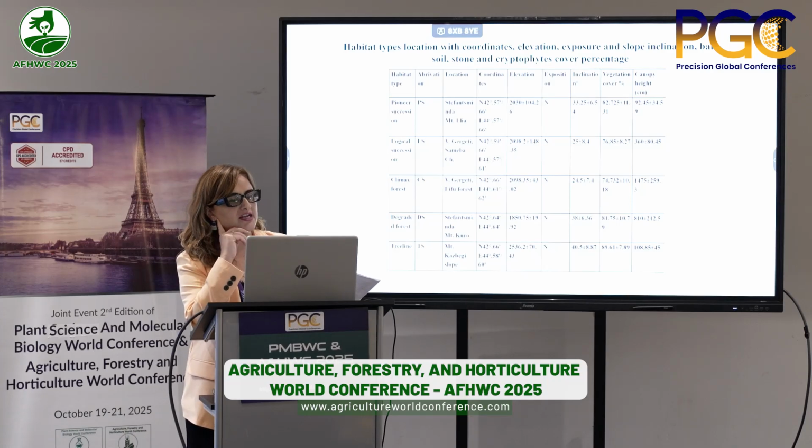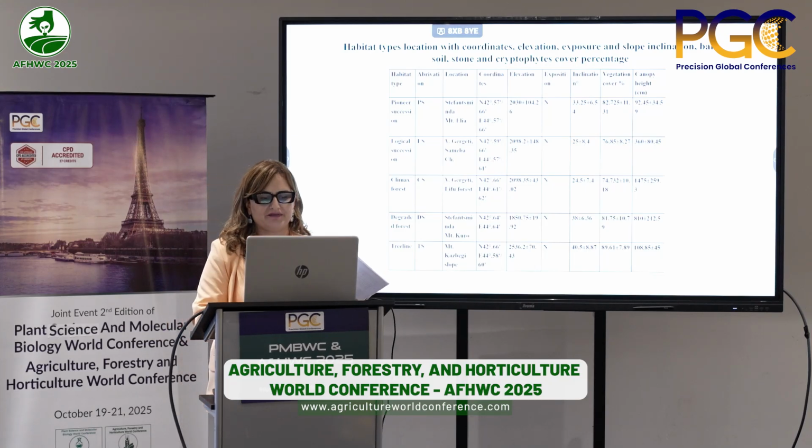environmental conditions. You can see some data: vegetation cover, sky exposure, soil litter cover percentage, tree height, shrub height, and others.